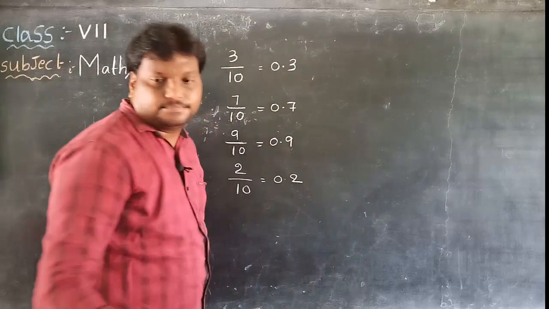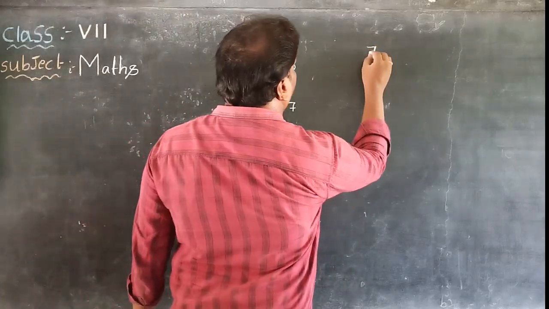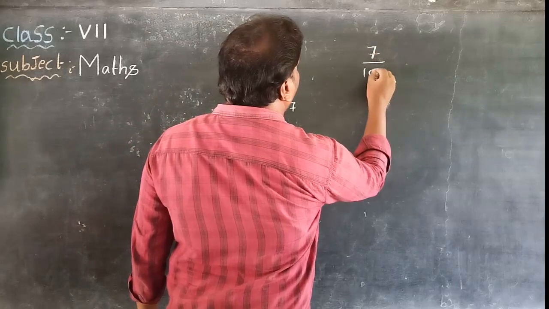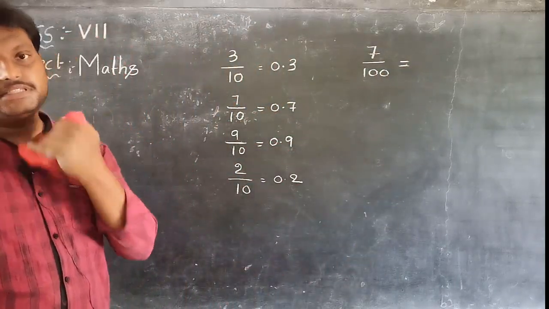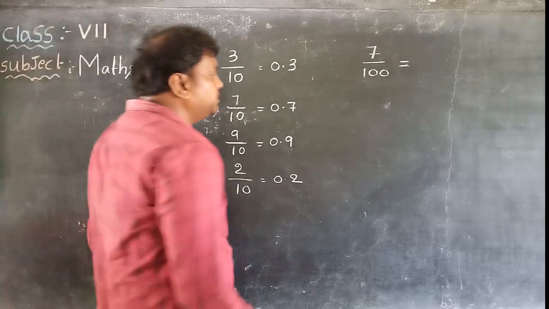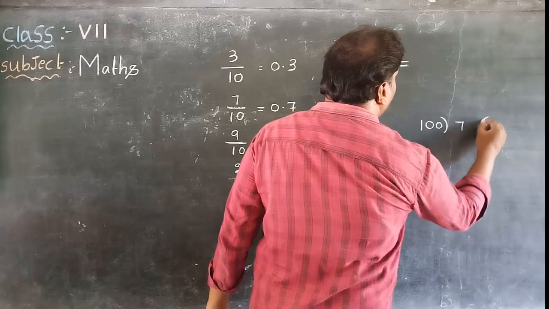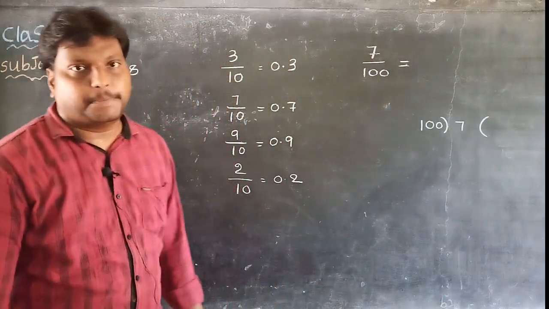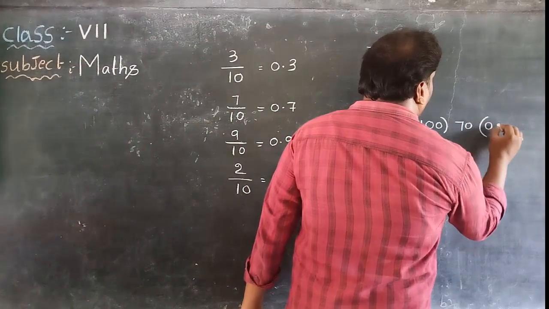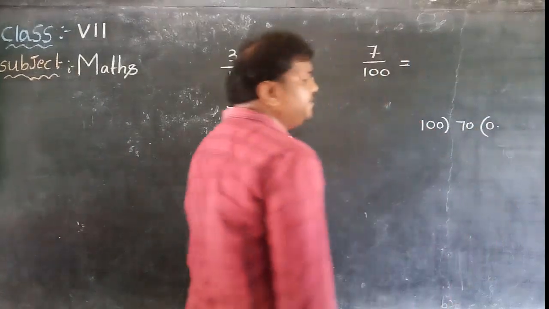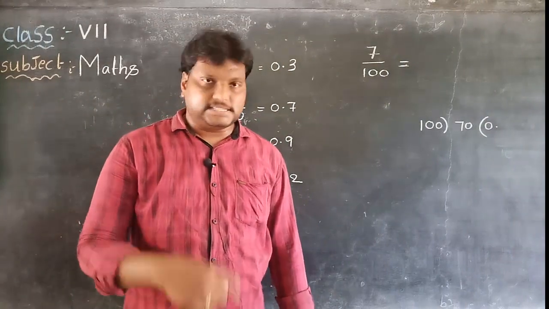For example, 7 by 100. What is the answer? Now check the division. 100 with 7 is possible? Not possible. That's why take 0, means 0 point. Again 100 with 70 also not possible, because 100 is more than 70.